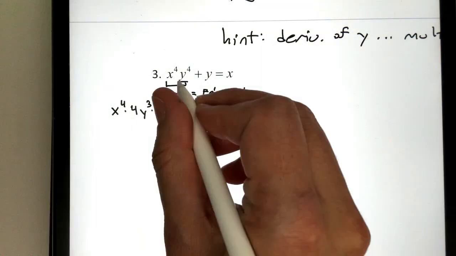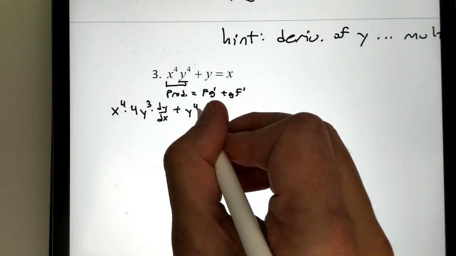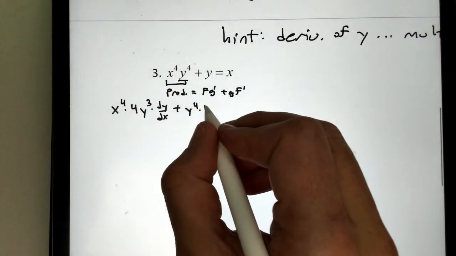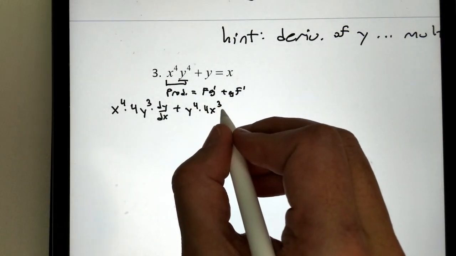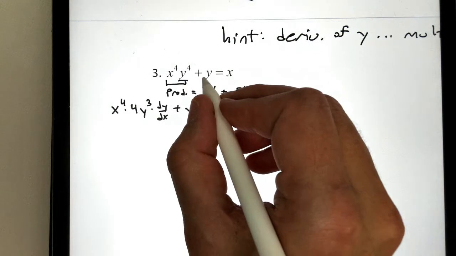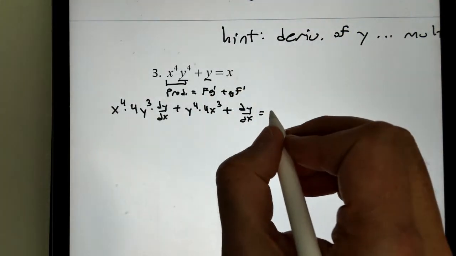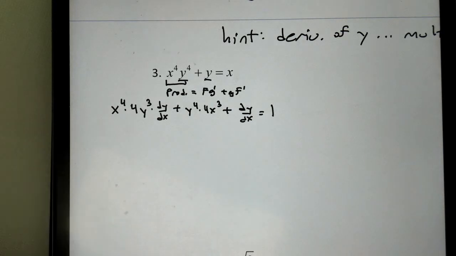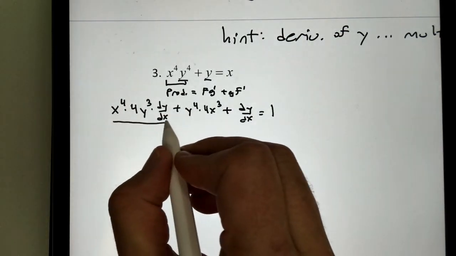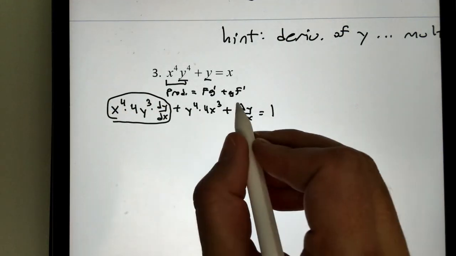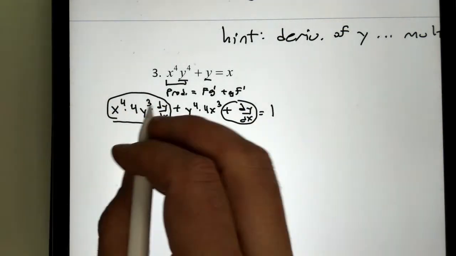Plus the second, which is my y to the fourth, times the derivative of x to the fourth, which is just 4x cubed. Plus, I'm taking the derivative of a y, that's dy/dx, and this time it's just going to equal 1. The derivative of x is just 1. Anything that has a dy/dx will stay. Everything else goes.